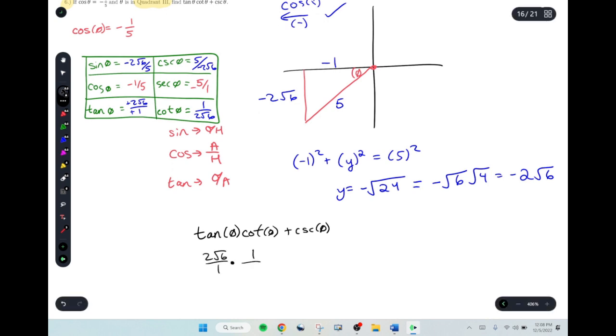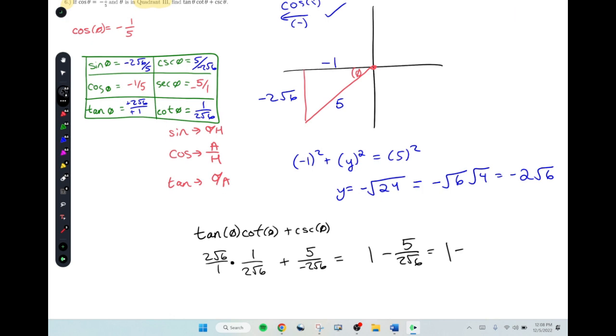The cotangent is 1 over 2 root 6. That's super nice. And the cosecant is 5 over negative 2 root 6. So we get something like 1 minus 5 over 2 root 6, which is the same thing as 1 minus 5 root 6 over 12.